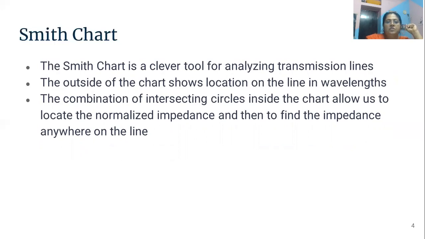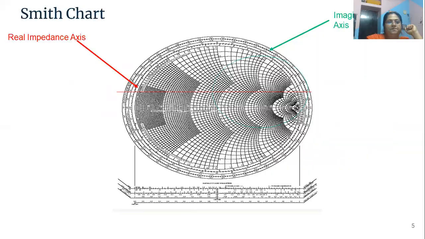The combination of intersecting circles inside the chart allows us to locate the normalized impedance and then to find the impedance anywhere on the line. So the first step is to put the impedances in the normalized range, so we can generalize that range to find the impedance anywhere on the line.